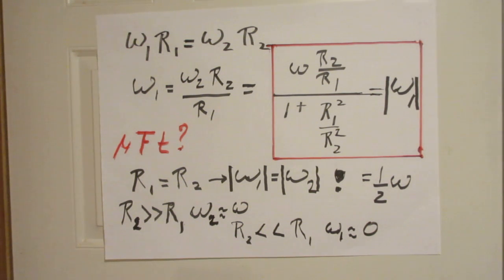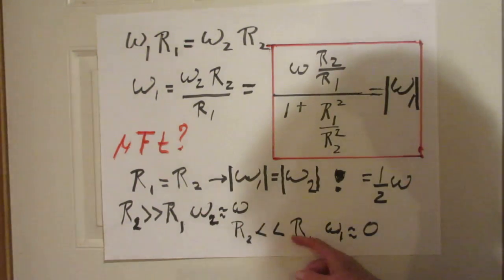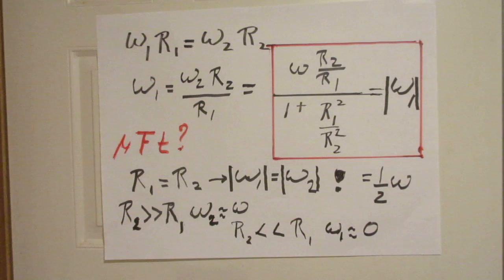Think about it. That's really what you expect. And if R2 is much, much smaller than R1, then you expect that omega 1 will be 0. Try that. That's consistent with our equations.